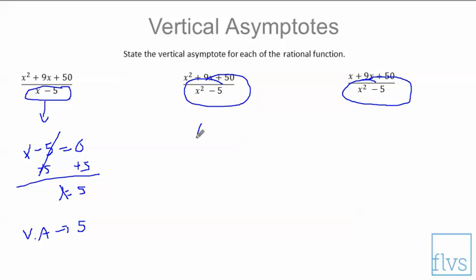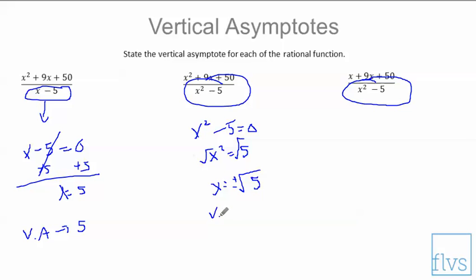On the next one, I've got x squared minus 5 equal to 0. Here I'll add 5 to both sides and get x squared equals 5. Then I'm going to square root both sides, and I'm going to end up with x equals plus or minus, remembering your square rooting, that plus or minus, radical 5.